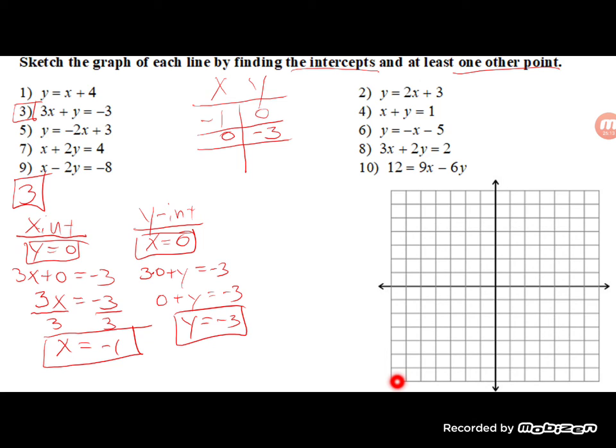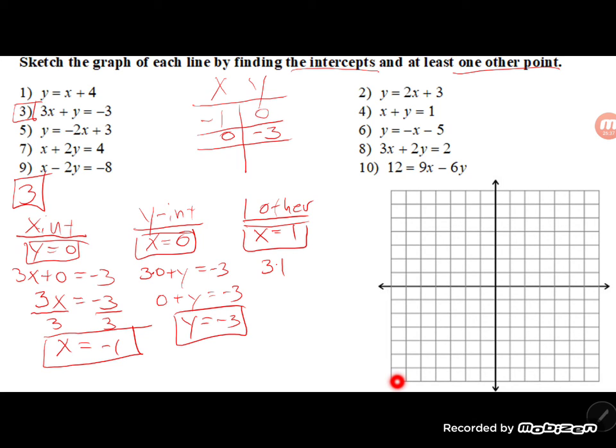So we have this right here, and we're going to find one other point. So finding that one other point, I say, how about we pick 1. Let's say x is equal to 1. Okay, and so I'm going to go back to my equation.